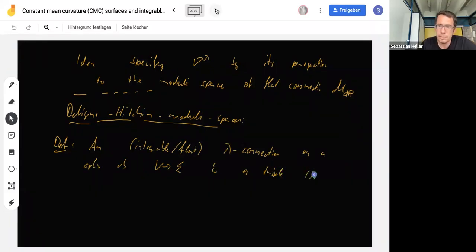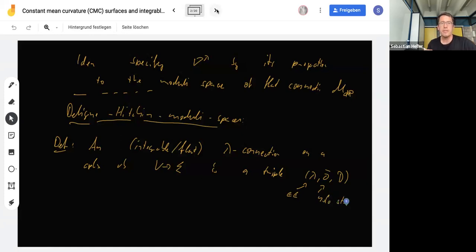So lambda is a complex number, del bar is a holomorphic structure, and D is a certain differential operator.